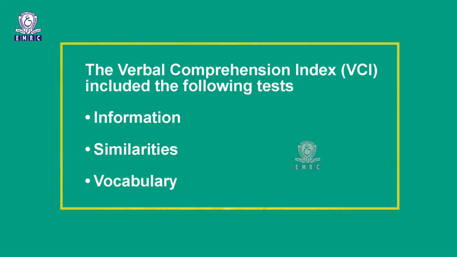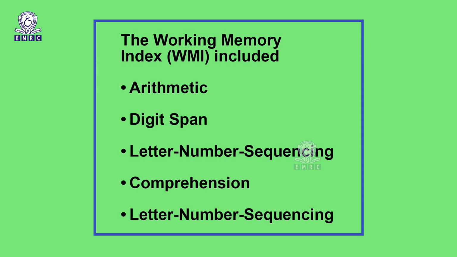The Verbal Comprehension Index included the following tests: information, similarities, and vocabulary. The Working Memory Index of WAIS-4 included arithmetic, digit span, and letter-number sequencing.